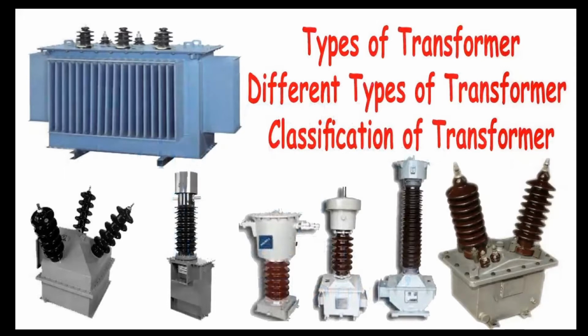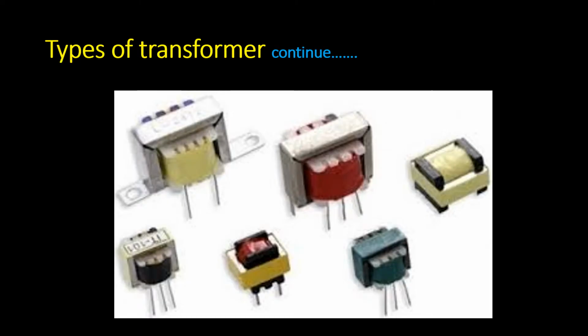This is a basic view of instrument transformers, CTs and PTs, single phase, three phase. You might be well familiar with such types of transformers. These transformers you will find generally in all types of electronic circuits, even in your mobile charger or laptop charger also.